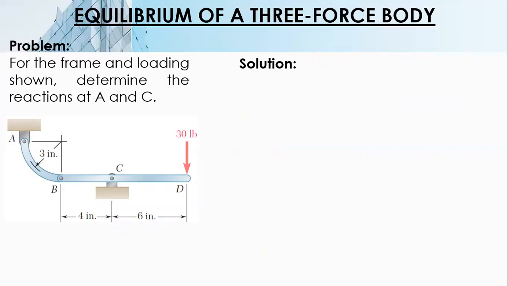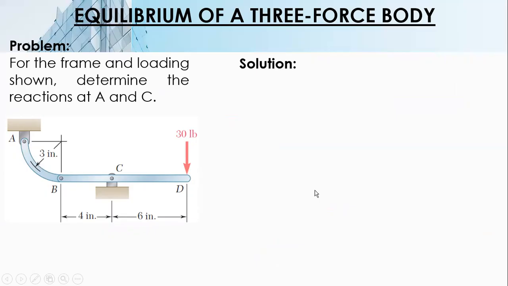Another one. For the frame and loading shown, determine the reactions at A and C. Now, duwa ni siya ka rigid body. EB is actually a two-force body, no? Two-force body siya because ang forces nga nag-act ani is nasa A o nasa B man. So you only have two forces.